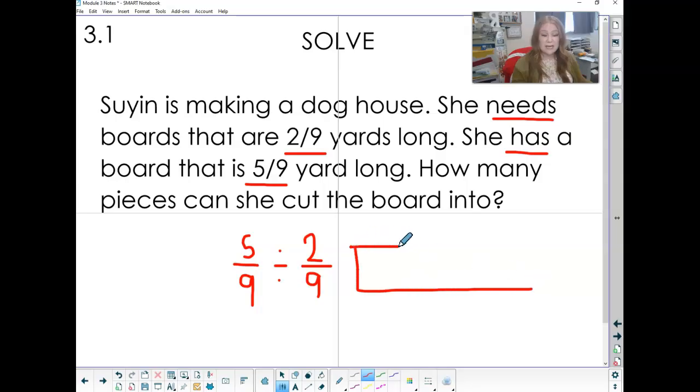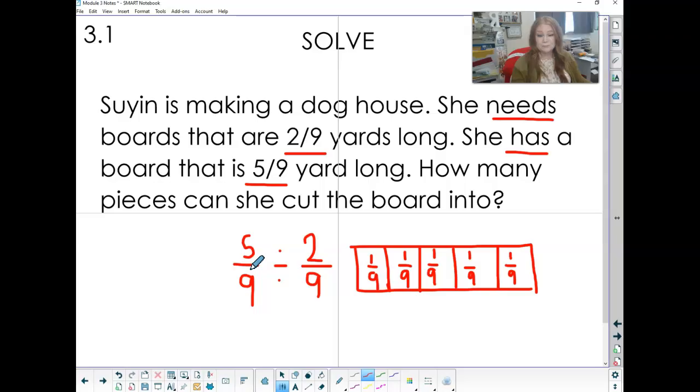So we're taking our board, and here's 1/9, and I need to get to 5/9. Here's 2/9, 3/9, 4/9, and 5/9 here. And then I need to cut it into pieces that are 2/9.